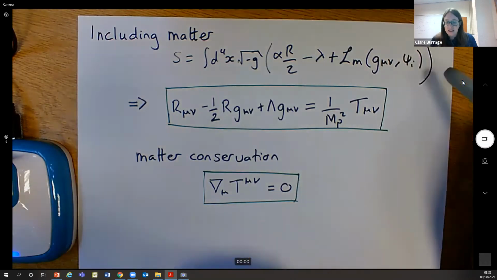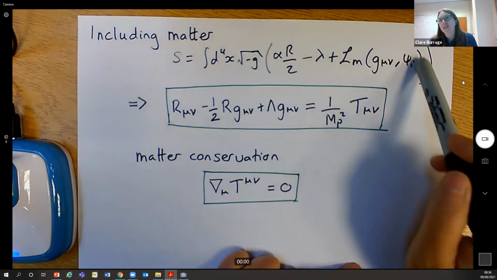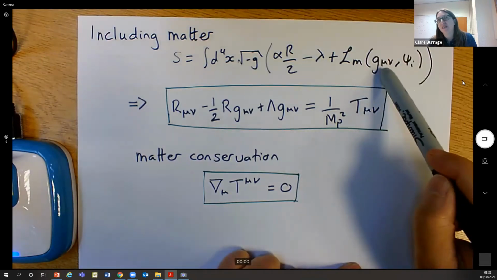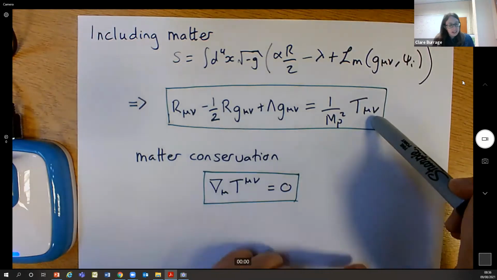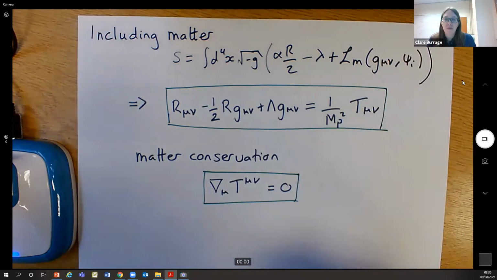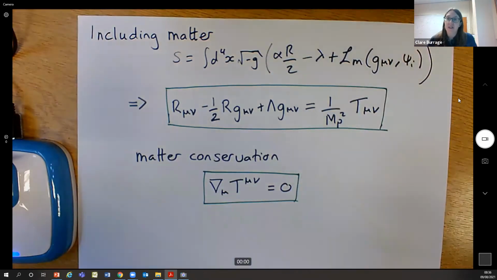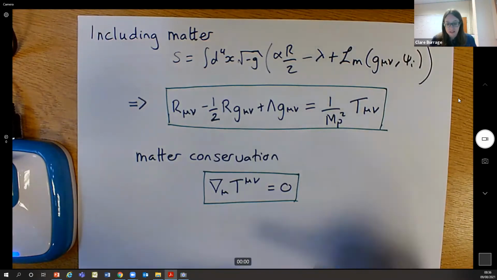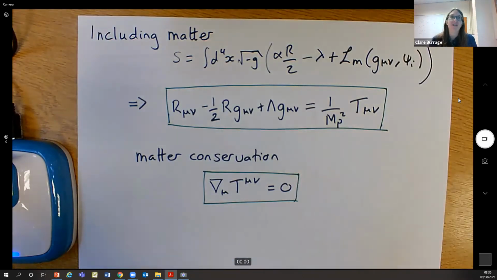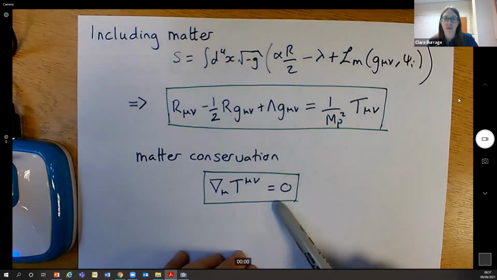Okay, so all that happens going from here to here is we do a variation of our matter Lagrangian with respect to the metric. That gives us an energy momentum tensor. And then it turns out that the Bianchi identities of general relativity, so the symmetries present in the gravitational sector, kind of enforce us to have conservation of matter in this way.